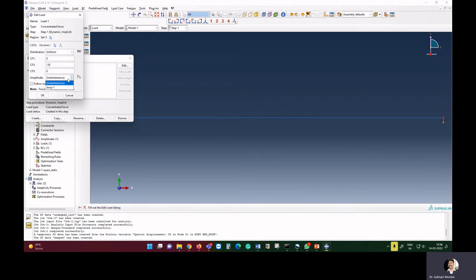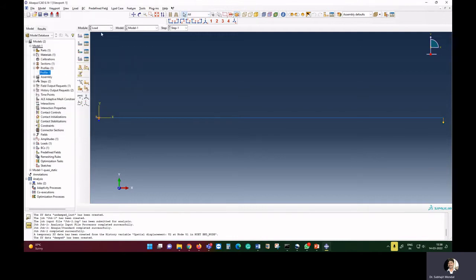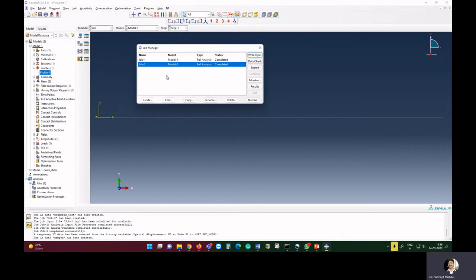Instead of instantaneous, I am selecting amplitude here. I click it, and now I am going to submit the job. Again, I changed only the type of loading, and we are going to see how our response comes, both the transient response as well as the steady state response.